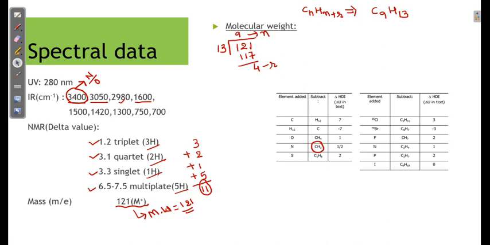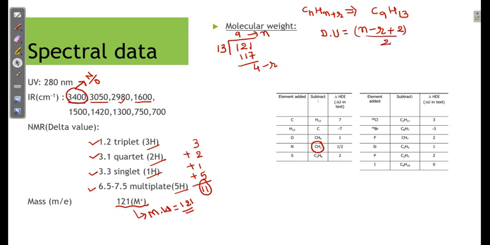Let us calculate the degree of unsaturation. If we get a fractional degree of unsaturation, then the chances of nitrogen are more. The degree of unsaturation is n minus r plus 2 divided by 2.